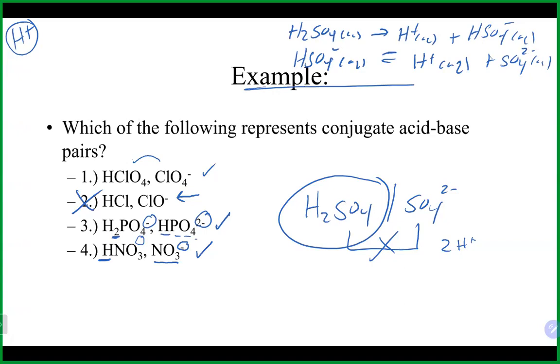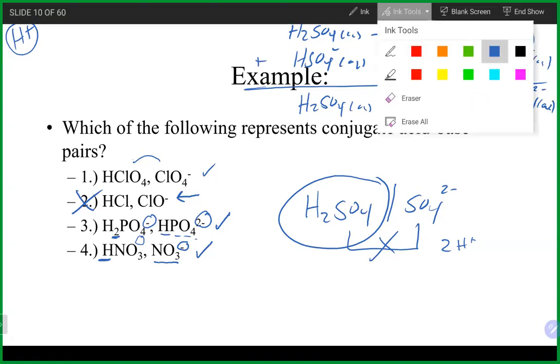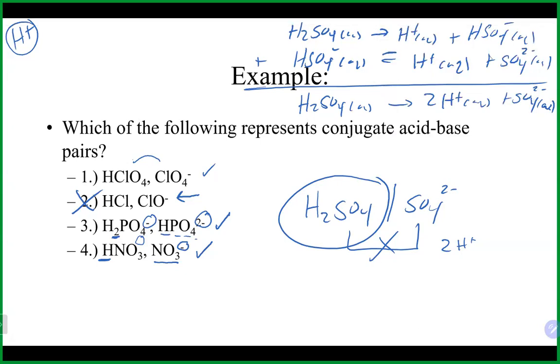And if we look at the overall reaction, it is basically the H2SO4 making 2 H pluses and sulfate. So although we oftentimes will focus on the overall reaction, it actually does come off in a stepwise fashion. That is why this one here and this one here are partners with each other.